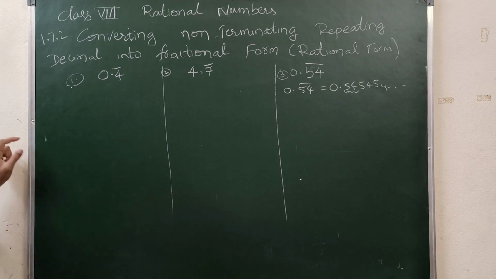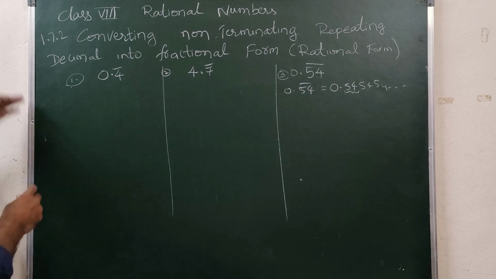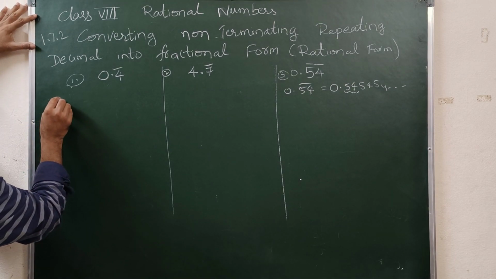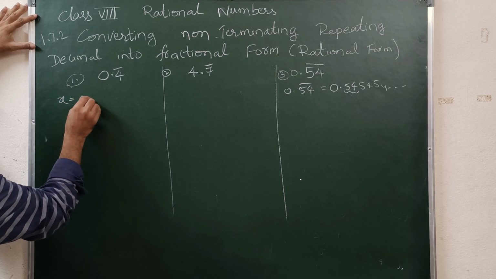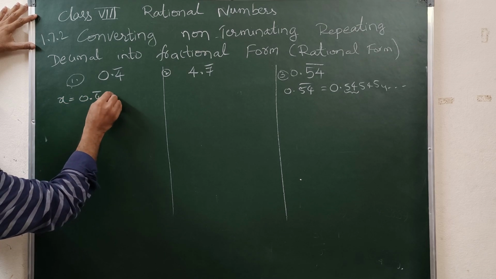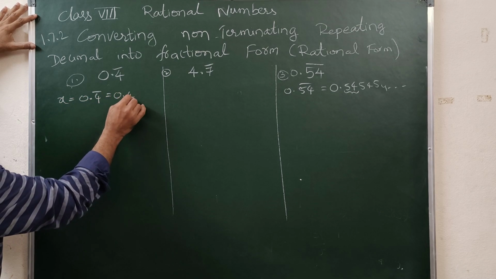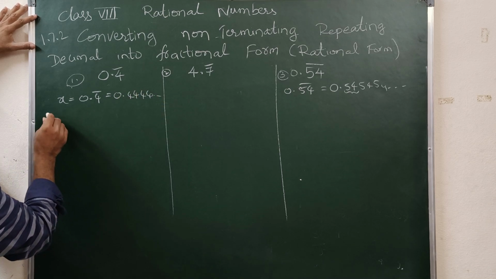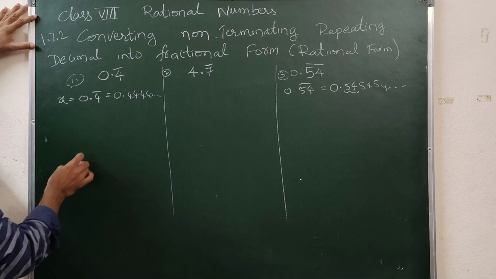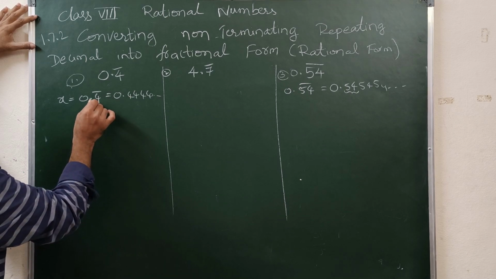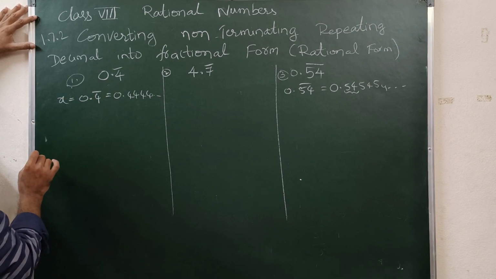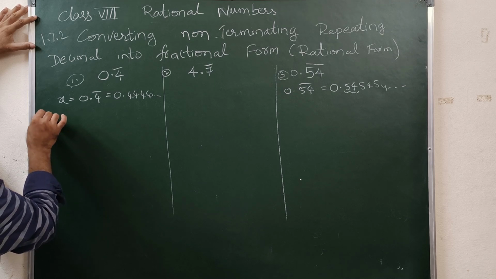Whatever number is given, we must first consider it as x. Therefore x is equal to 0.4 bar, which is 0.44444... We have discussed that the periodicity of this decimal number is 1, so you have to multiply by 10.